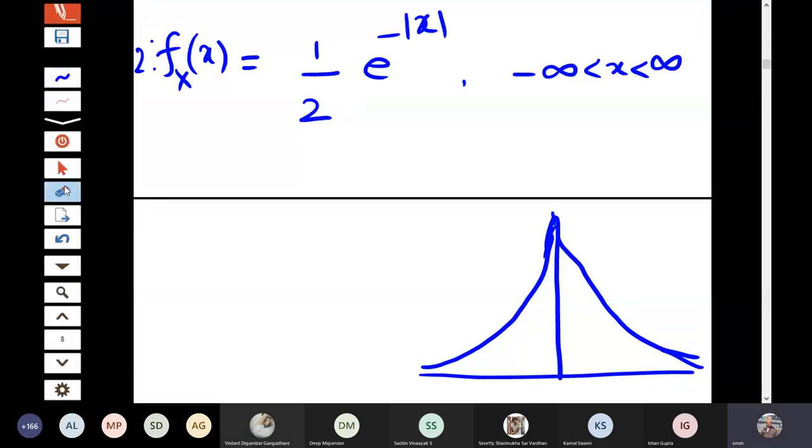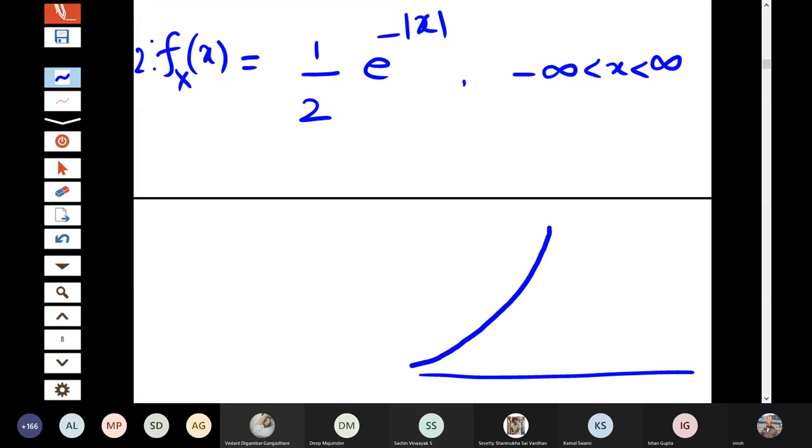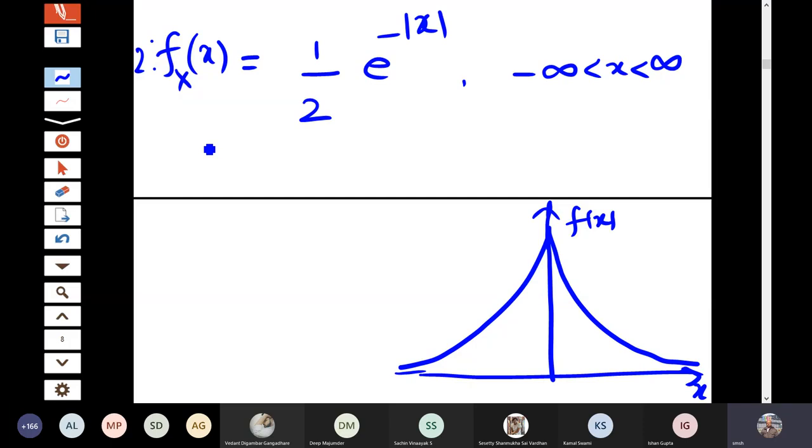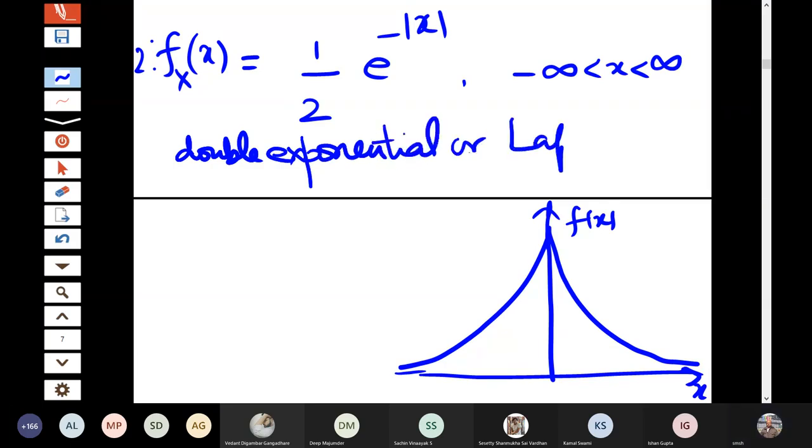On this one, the graph is like this because this stylus pen actually fluctuates. This is actually known as the double exponential or Laplace distribution. I have written a particular form where it is symmetric about 0.